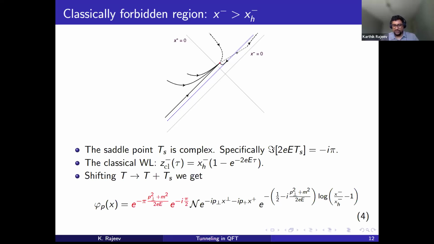But what I'm trying to say here is that is only when you do a saddle point approximation, but you could have equivalently said that this tunneling phenomenon happens because the path integral allows for space-like worldlines. So that would be the real-time or the Lorentzian viewpoint. And this complex saddle point is, in a sense, a proxy to all these space-like worldlines that are going in.